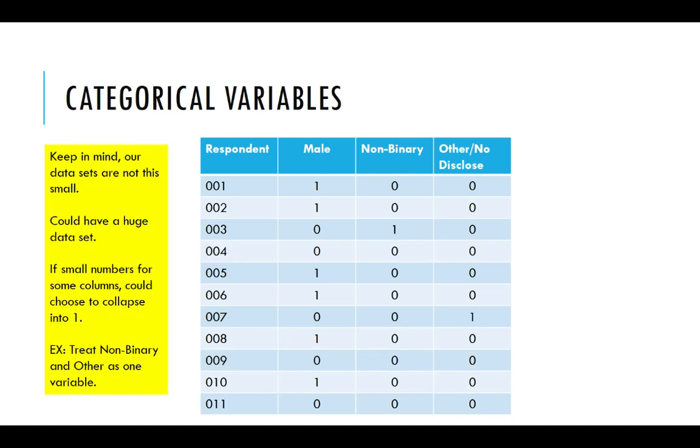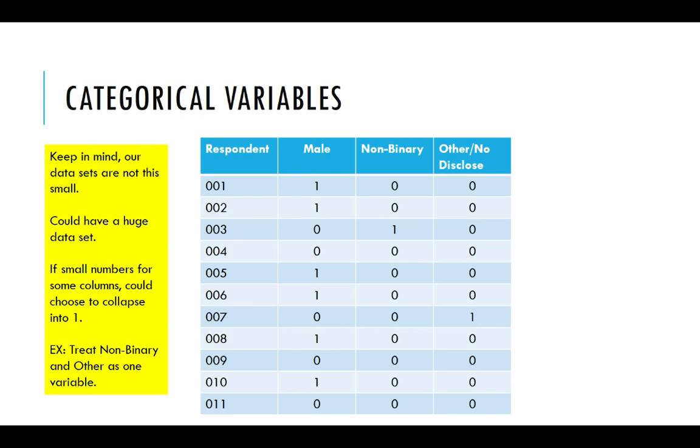Now, keep in mind, normally data sets are not this small, and this is just a representative example. If I'm doing a survey, it's probably a really huge data set, but maybe I get my results back and I see that I have very, very small numbers for some columns. Maybe I get very few non-binary and very few people saying other or not willing to disclose.